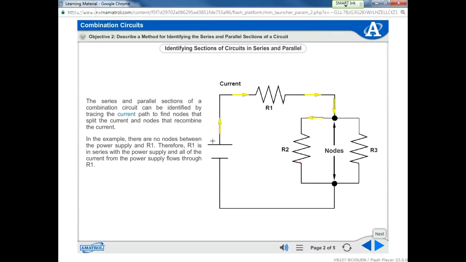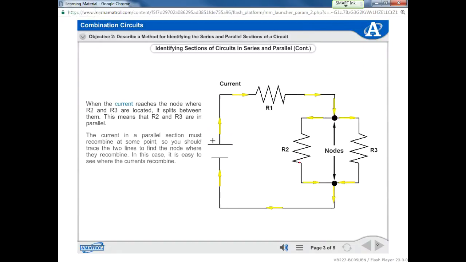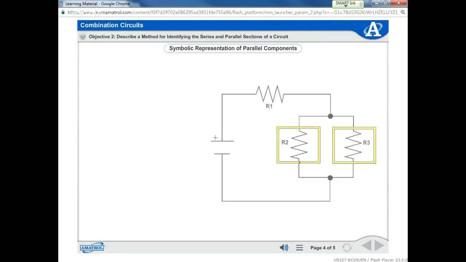Okay, let's move on to the next one. When the current reaches the node where R2 and R3 are located, it splits between them. This means that R2 and R3 are in parallel. The current in a parallel section must recombine at some point, so you should trace the two lines to find the node where they recombine. In this case, it is easy to see where the currents recombine, and that's what we just talked about.